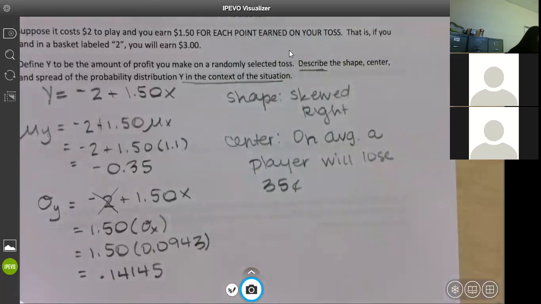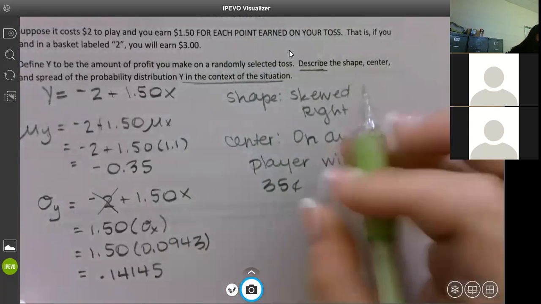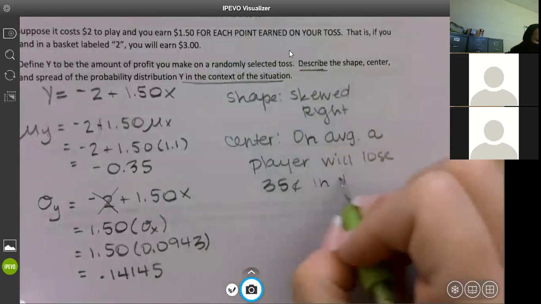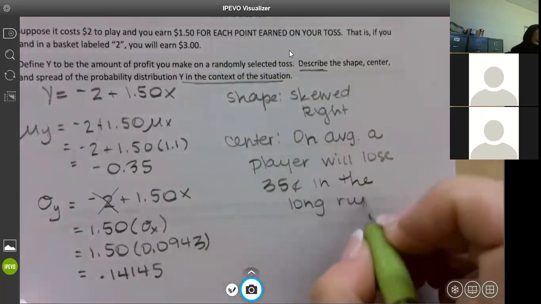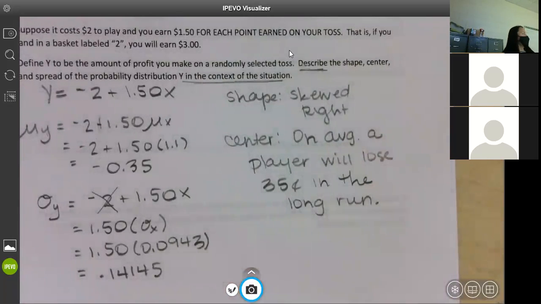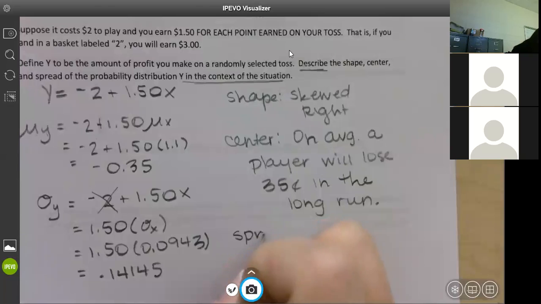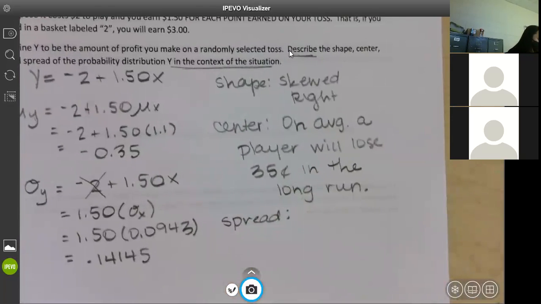So on average, a player will lose 35 cents. And I'm going to put this saying right now because you haven't seen that yet. And we're going to say in the long run or after many, many games. Something like that that tells you but it's been a while because again, probability is the long run probability. It's not short term, it's long term. All right, and then your spread is obviously your standard deviation in context of the problem.